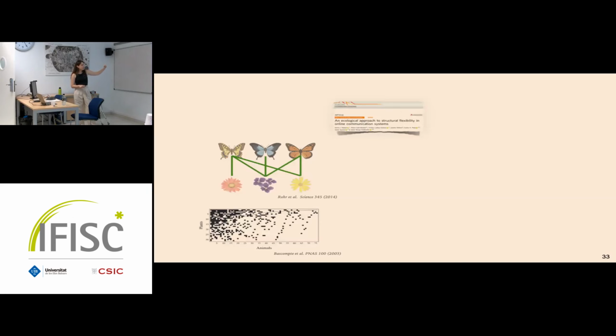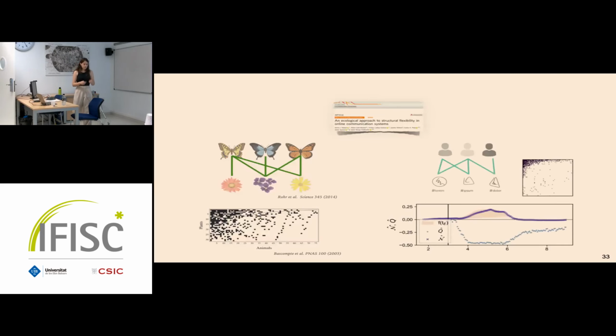We have generalist species and then specialist species. And with this bridge, we saw that considering mutualistic interaction between users and hashtags, we also obtained that nested structure. And we were also able to see how this nested structure changes over time.